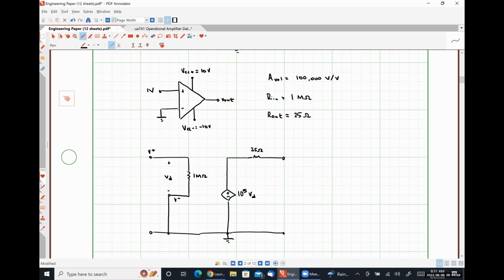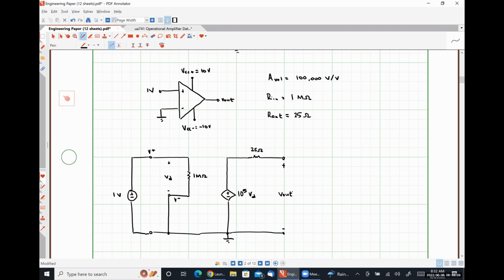My non-inverting input terminal has a 1 volt source connected between that terminal and ground, so I'm going to represent that with a 1 volt source over here on the left-hand side. My output node is open circuited, so I'm going to just have my output voltage V out here, the voltage drop over this open circuit at the output side of my amplifier. So this is what my practical representation of the op amp circuit described above would look like.